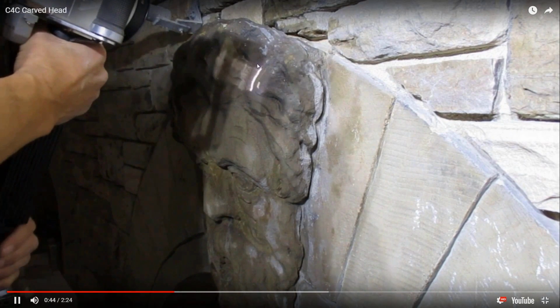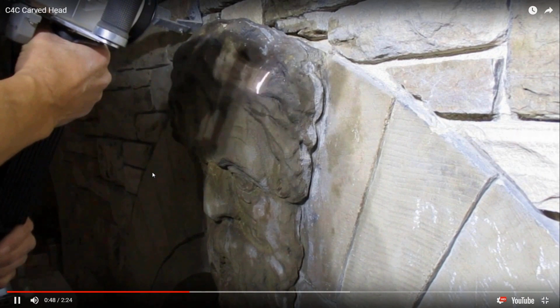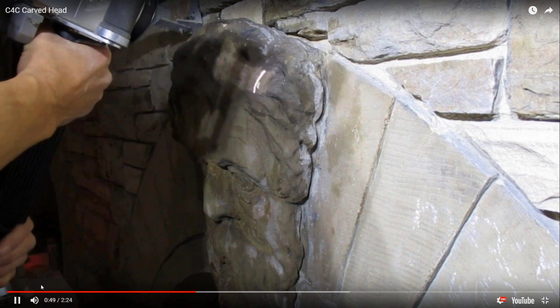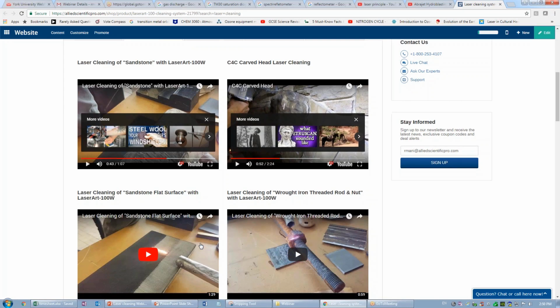You can adjust the shape of the beam as well. All these videos are available on the website. You can take a look at them if you like.